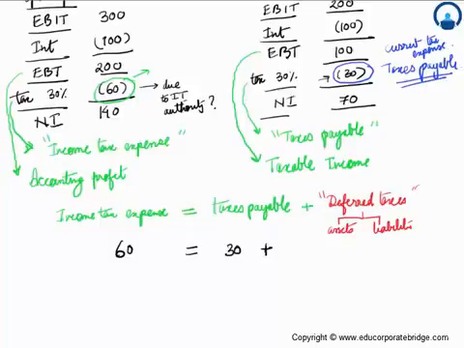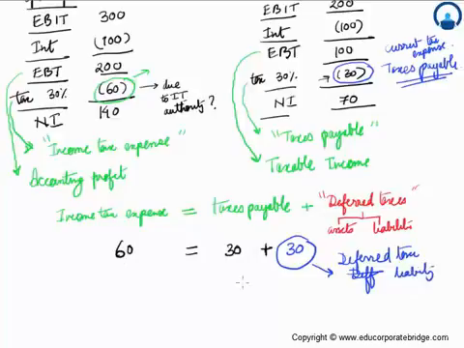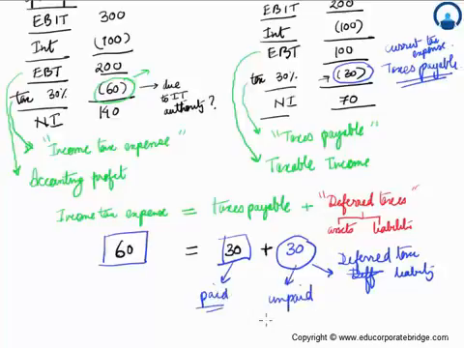The difference between the two is a positive number, 30 here, and this is called deferred tax liability. Why is it called a liability? Because you have shown that you are going to pay 60, but this is the amount which you have actually paid. So the unpaid amount that you're going to pay in the future is called deferred tax liability.